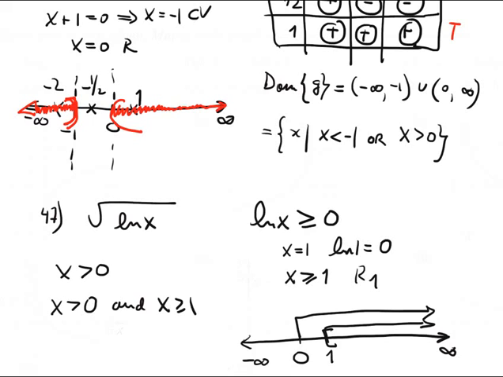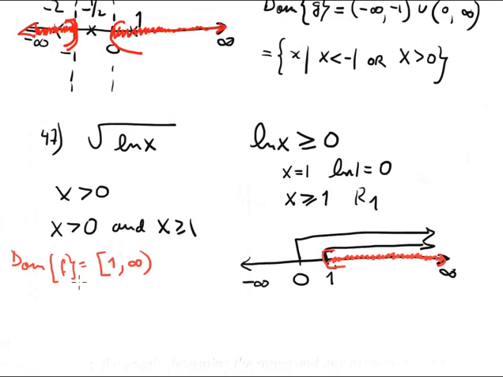Therefore it's obvious that the intersection is this part, that includes of course 1, and the domain of the function f is [1, infinity), or in the other notation, x such that x is greater than or equal to 1.